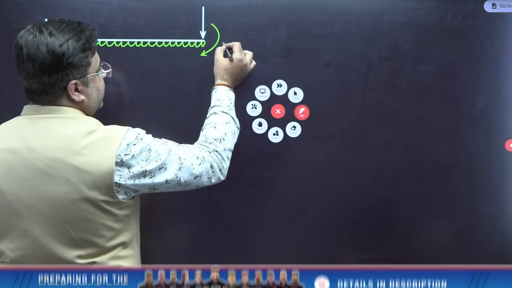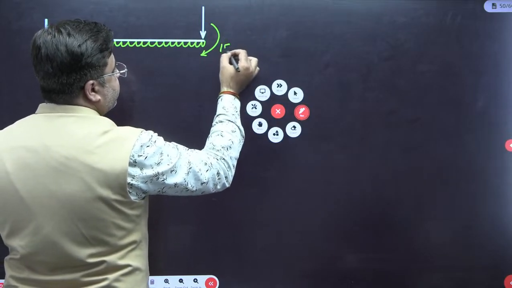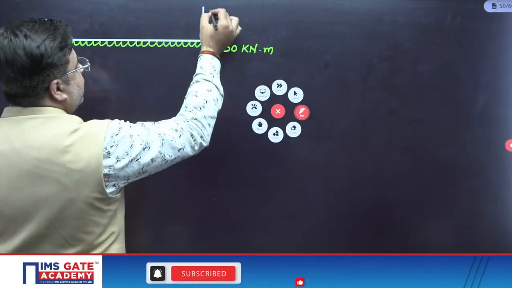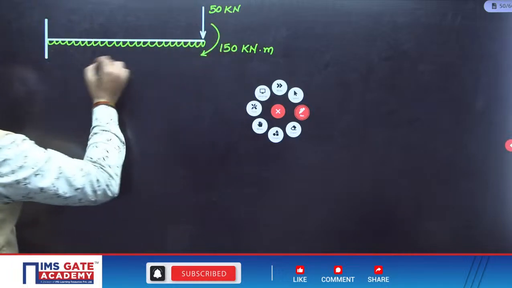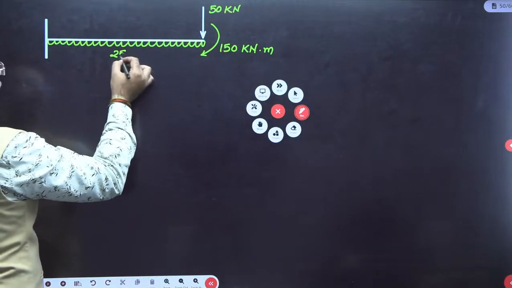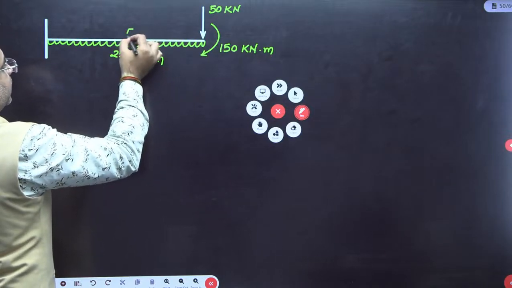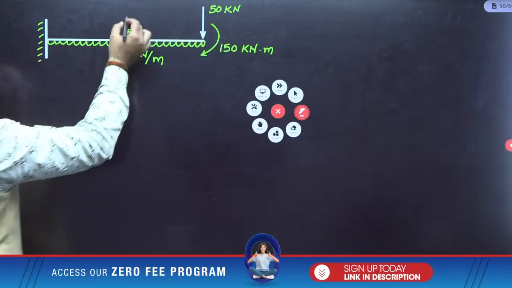So concentrated moment is 150 kilonewton meter. Point load is 50 kilonewton. This is say 25 kilonewton per meter, and the length of the beam is 5 meter. Flexural rigidity of the beam is EI.